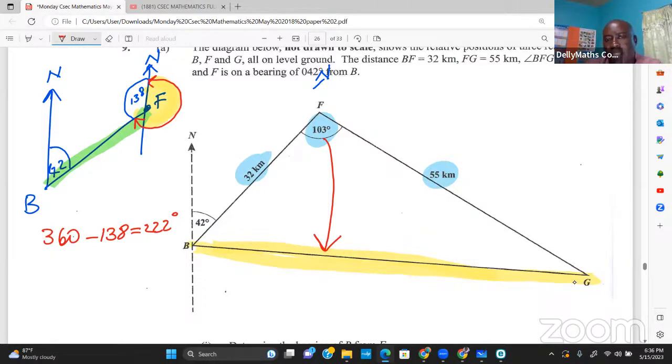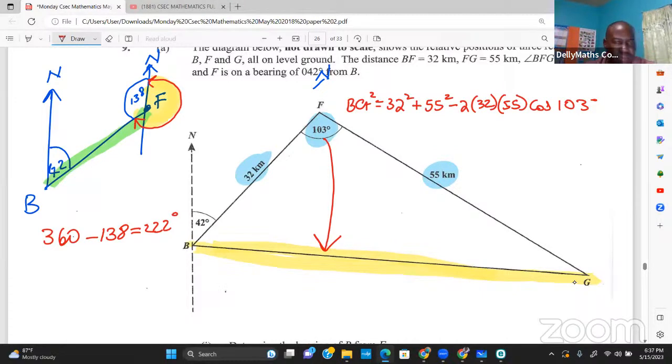So the cosine rule says that BG square is going to equal to 32 square plus 55 square minus 2 times 32 times 55 times the cosine of the angle that is there.